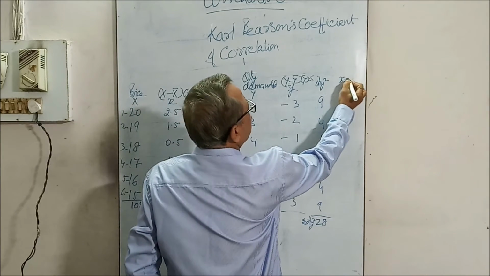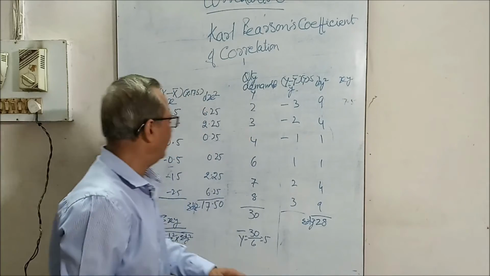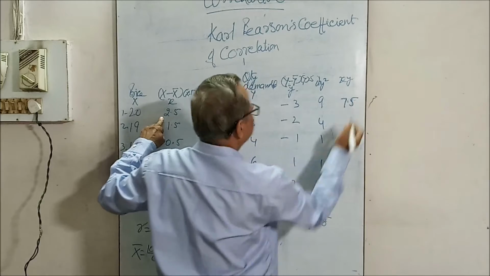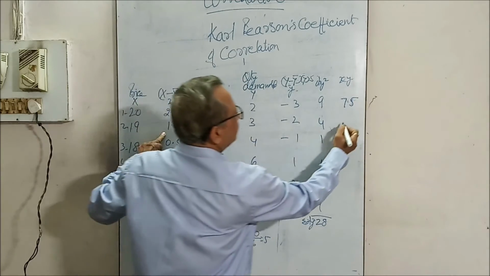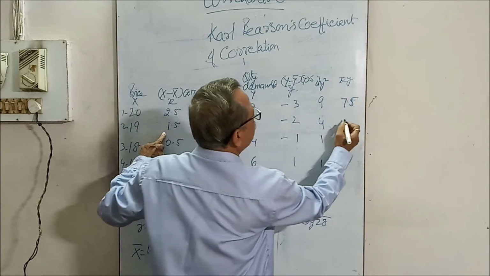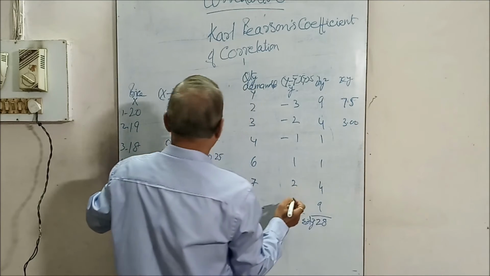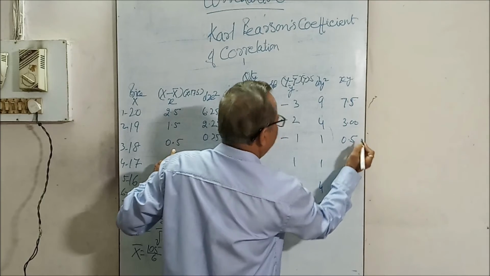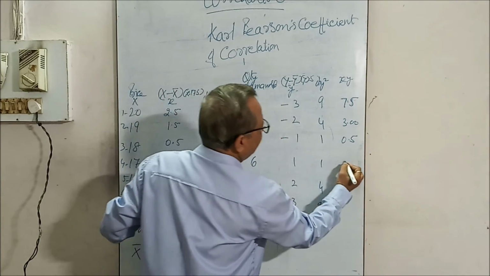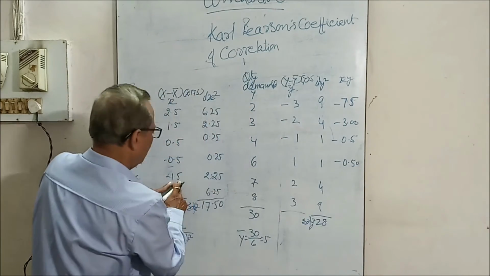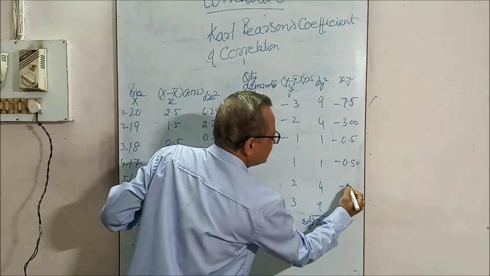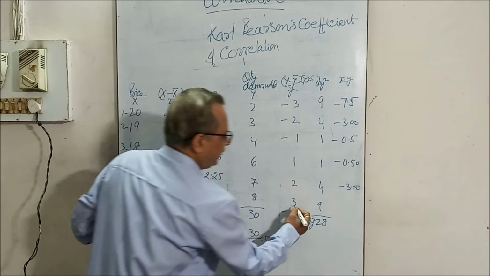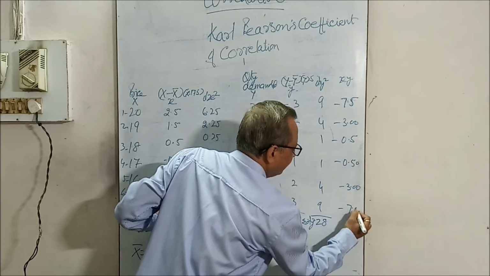Now x and y, we should get the product of x and y. x and y: 7.5, 1.5 into 2 is 3, 0.5 into 1 is 0.5, 0.5, 0.5, 1.5 into 2 is minus 3, minus 2.5 into 3 is minus 7.5.